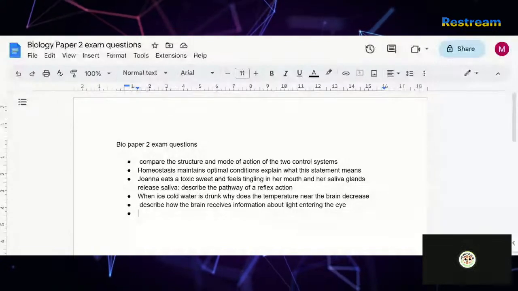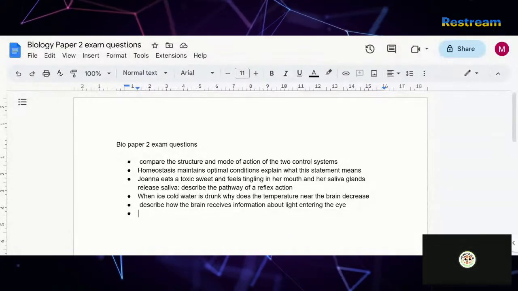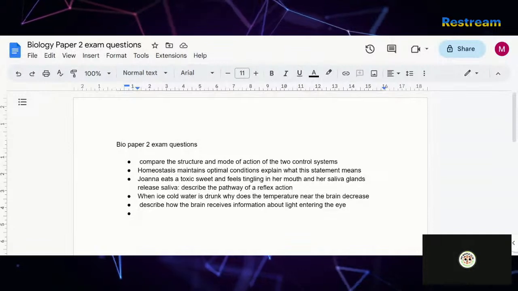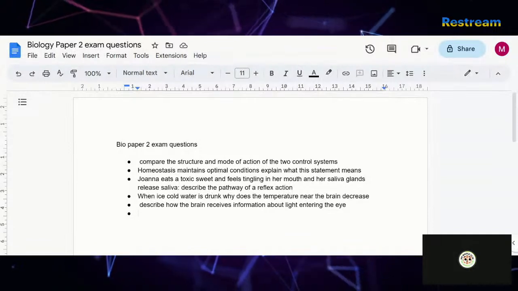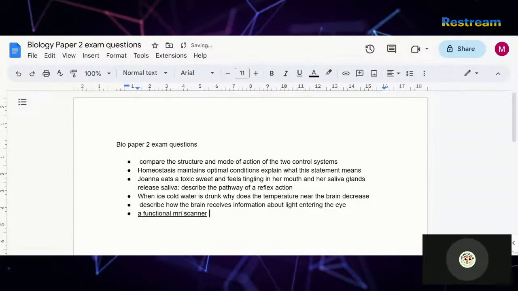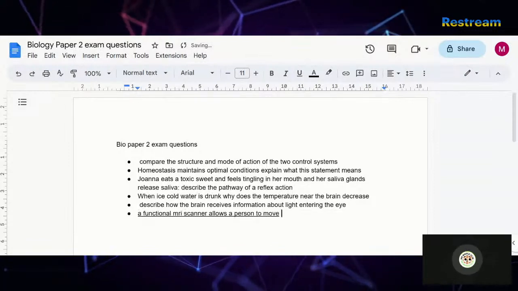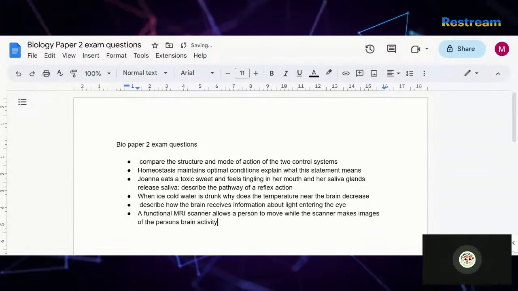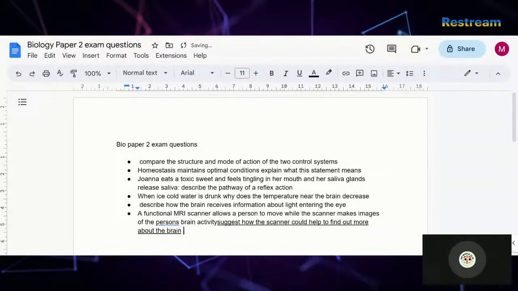Okay, so the next question. A functional MRI scanner allows a person to move while the scanner makes images of the person's brain activity. Suggest how the scanner could help to find out more about the brain damage a person has.